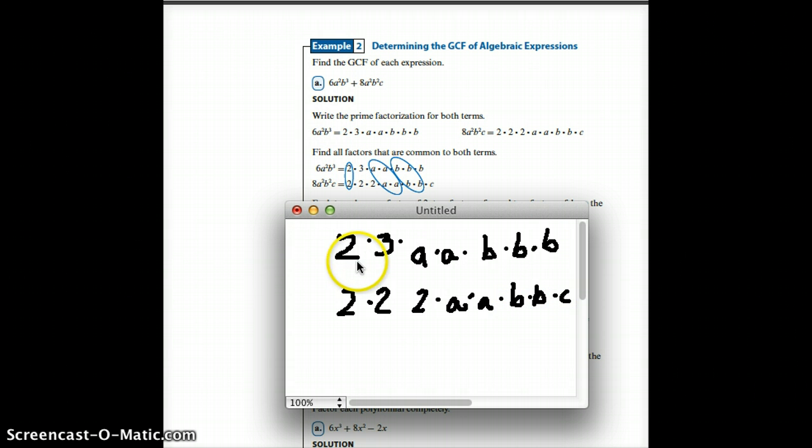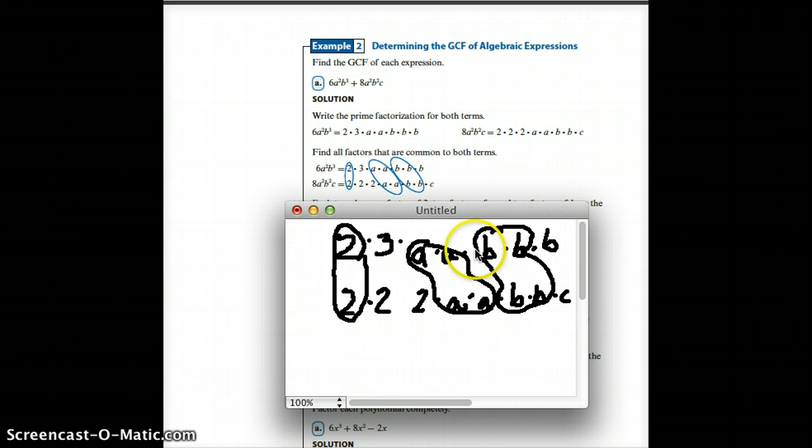What you do is circle the things that are in common, like we have a pair of 2's. Then there are 2 a's, and we can circle both a's. Then we have 2 b's. So the greatest common factor is just one from each group: 2a squared b squared.